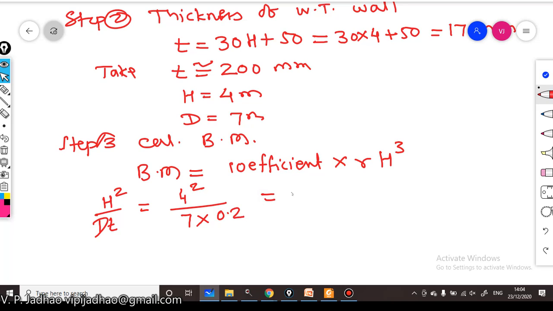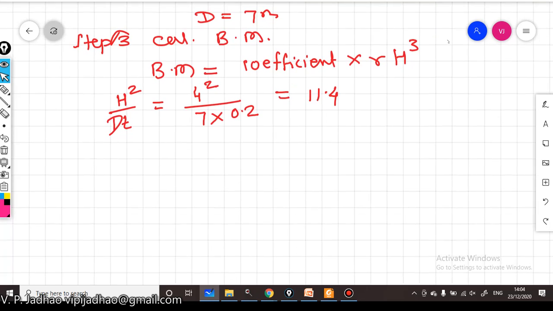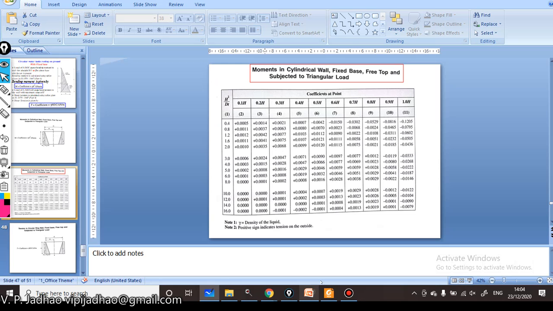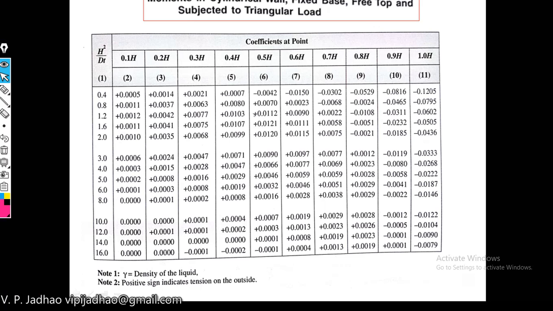So we get the value of h square upon dt equal to 11.4. Go to this table given in IS 3370 and find the coefficient for bending moment. This is the table for bending moment coefficient. We have got h square upon dt as 11.4.